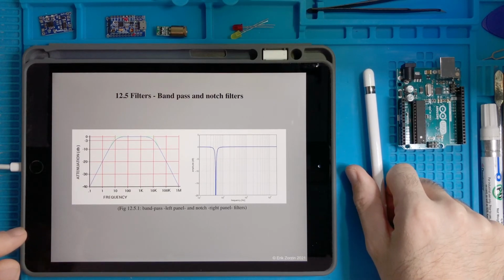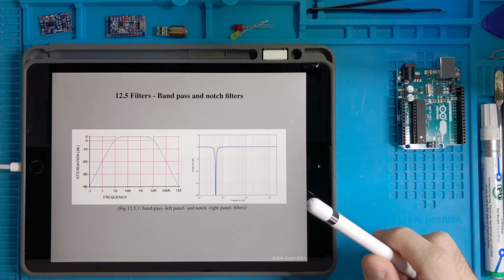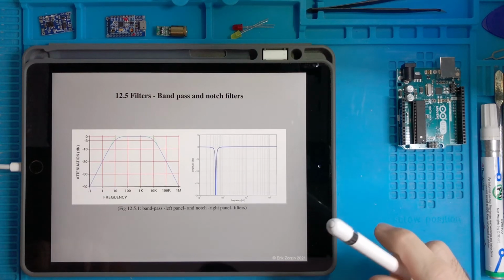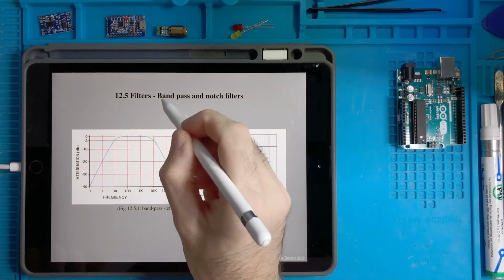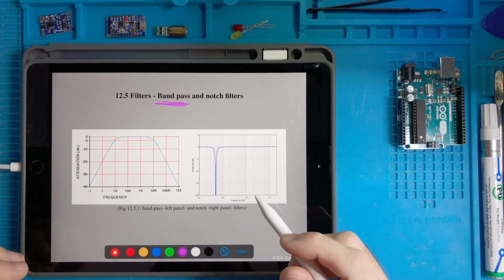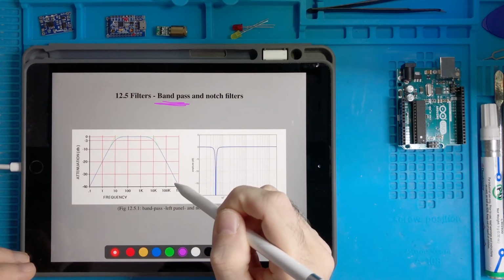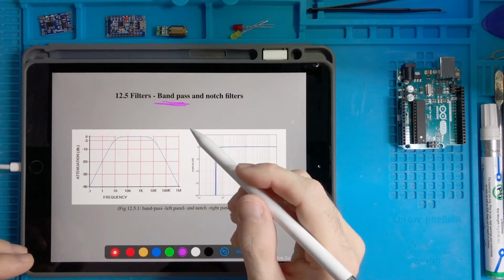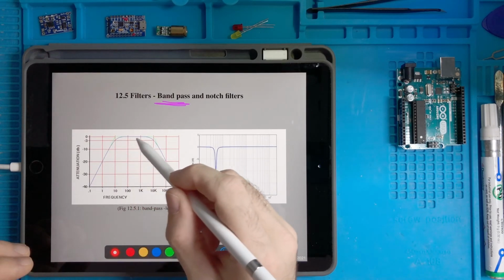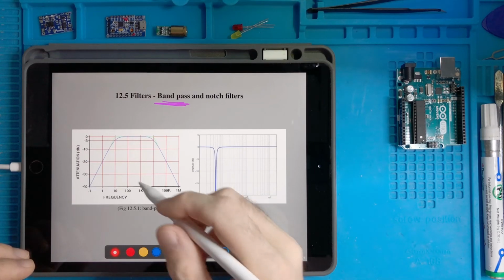Then there is also another type of circuit. It's a combination of a low pass and high pass filter. It's called the band pass filter. We don't study this in detail, but we just comment on the chart of the magnitude of its transfer function. So the bandpass filter is something like this.